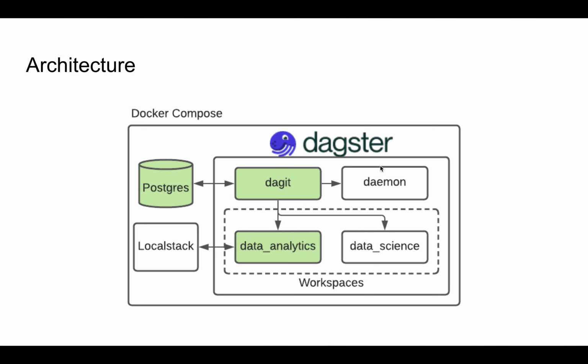So, architecture of Dagster, going to keep this mostly to the Docker Compose. Like I said, Dagster is very flexible in that it can pretty much align to whatever infrastructure you're using at your organization.